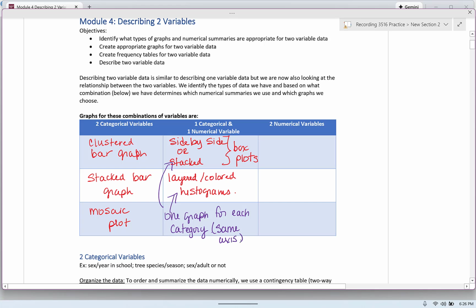So that's important. They're all on the same graph, the same axis. And then for two numerical variables, the graph that we'll use is a scatter plot. And there are other graphs that some fields will use. We're just not going to look at them in this class.